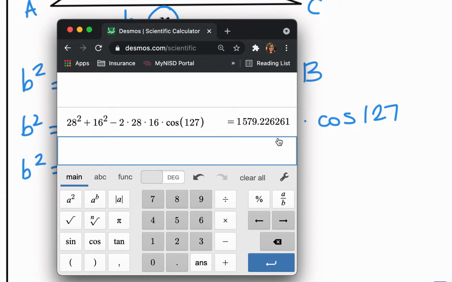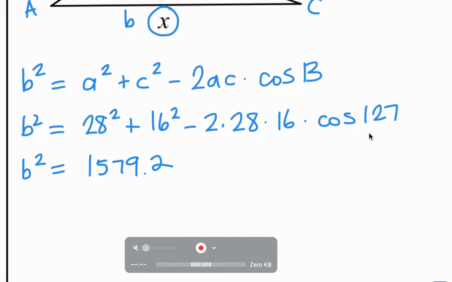So I get this, 1579.2. I went ahead and wrote that down here. But that's for b squared.